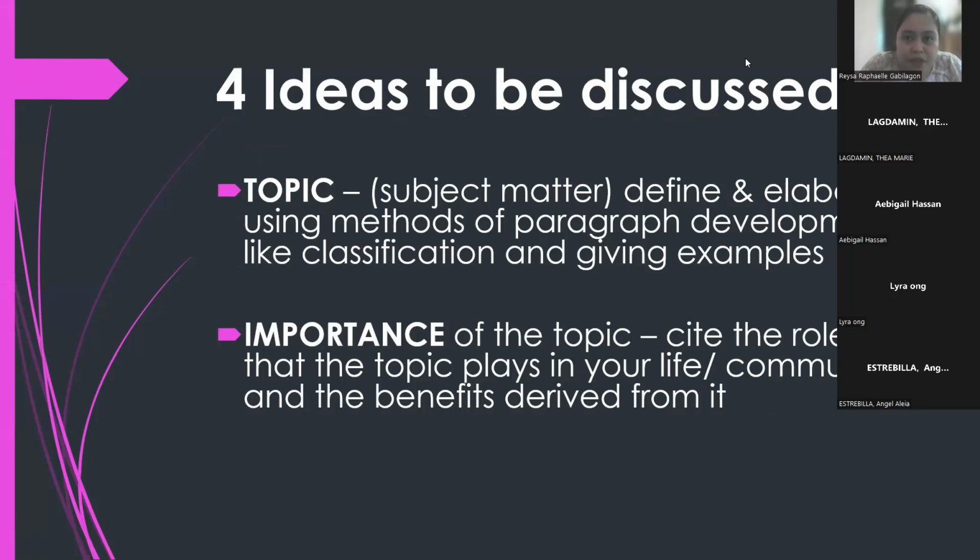Okay, your subject matter or your research problem. And you may also discuss the importance of your research topic. What is the role of your topic in the life or community, in the life of your respondents or your chosen population or the community as a whole?